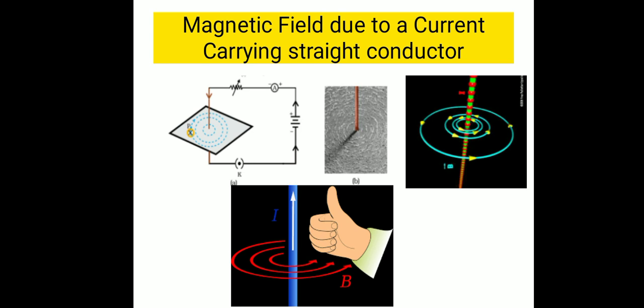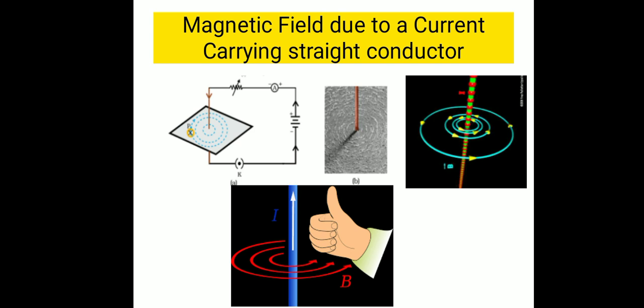Then sprinkle some pieces of iron filings on the cardboard. These arrange themselves in concentric circles around O as shown in the figure. When the cardboard is tapped gently, these concentric circles represent the magnetic field lines.